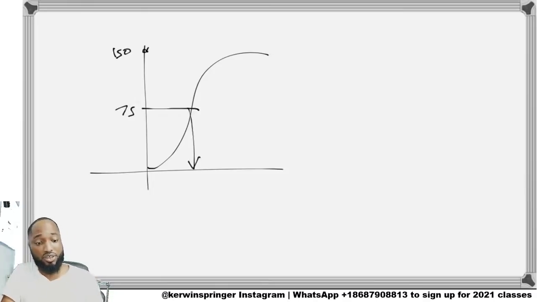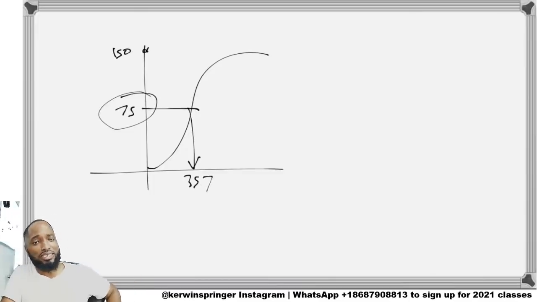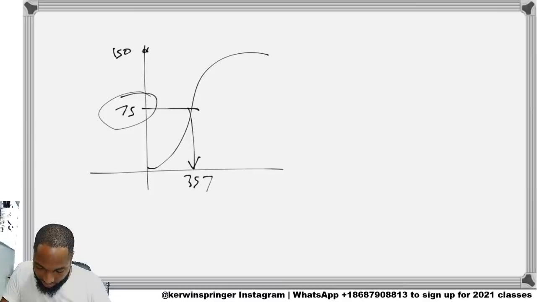That is the median. Don't say 75 is the median. The median is whatever this reading was here, so sometimes it'll be like 35.7 or 37.5 or some kind of thing. That's why we call it the median.